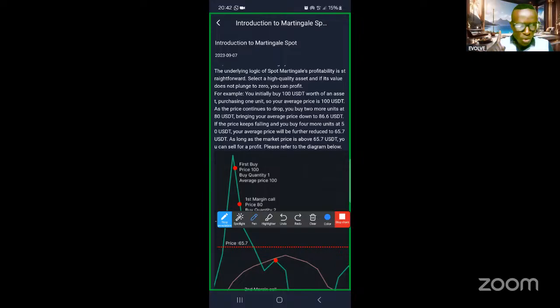Then Royalq continued to say, select a high quality asset, and if its value does not plunge, meaning it doesn't reduce to zero, if the value of this asset does not go down to zero, you can profit. Wow, wow, wow.